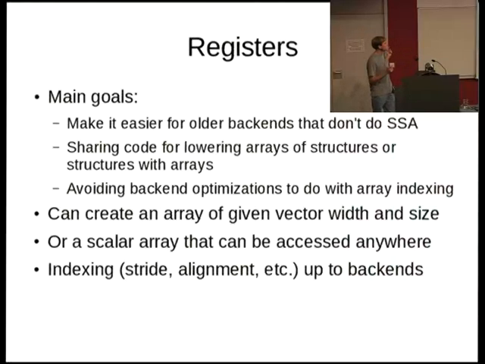There are basically 2 modes. Registers are there for the older VEC4 backends that I was talking about, where you want to go out of SSA before translating into the backend, so that backends don't have to worry about SSA. And they're also there for representing arrays of things once you've gotten rid of variables. So backends can lay out things however they want.